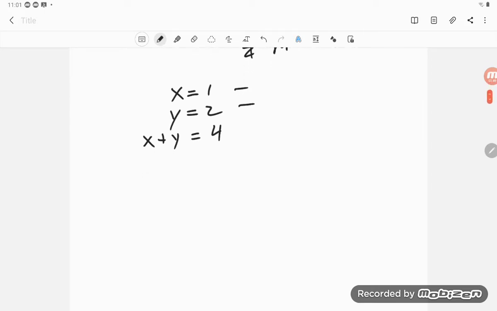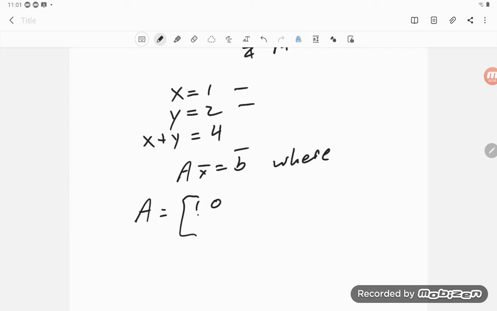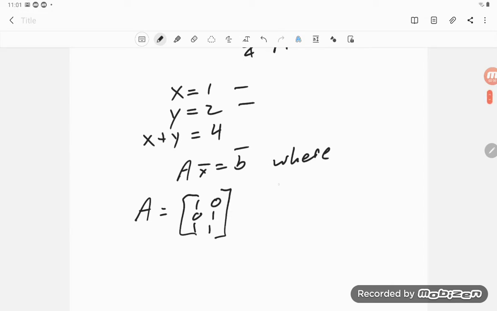And so if you look at this from a matrix perspective, though, this is A times the vector x equals b, where A is 1, 0, 0, 1, 1, 1, so it's 3 by 2. Our vector x is given by the variables x, y.